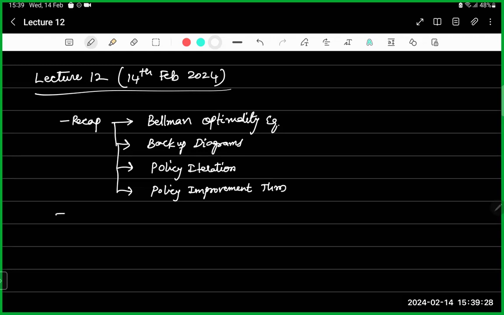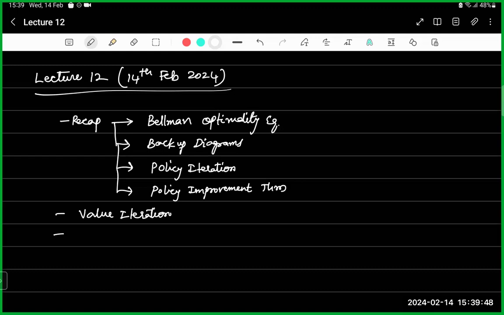So in today's class, we'll discuss another algorithm called value iteration. In policy iteration, if you remember, there are two steps. What are those two steps?